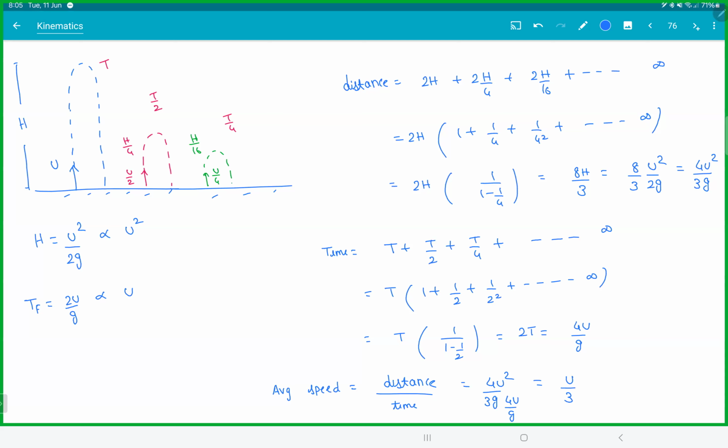Please check your calculations, the infinite GP and the time. The height becomes every time 1/4, 1 by 4 square, 1 by 4 cube, whereas the time becomes 1, 1 by 2, 1 by 2 square, and so on. So height goes as a 1 by 4 function, time goes as a 1 by 2 function.